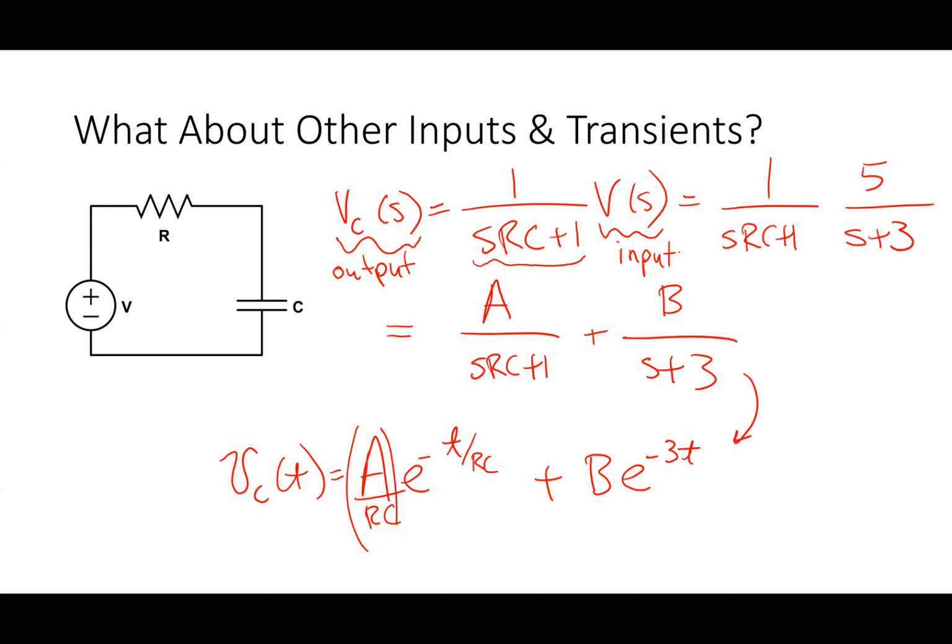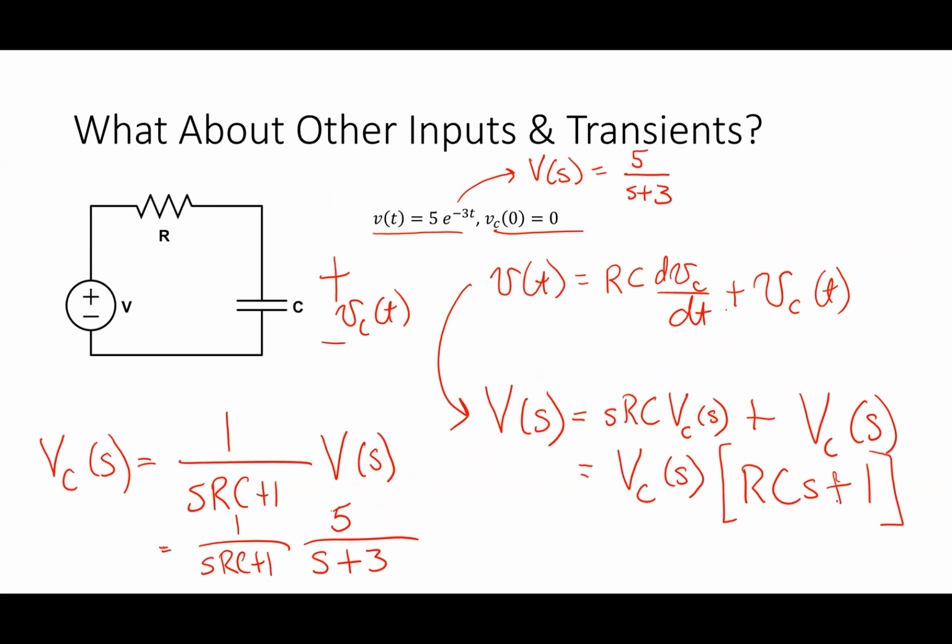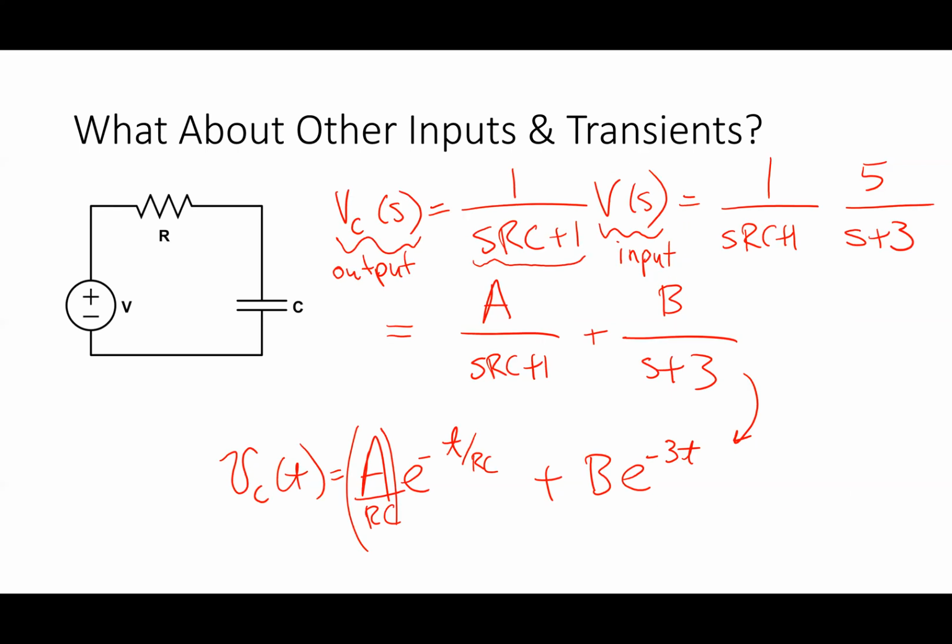So what this says is the output is some function having to do with the circuit times the input. If I kept that in the time domain, it would be related to the derivatives of that. It's a complicated relationship there. But in the Laplace world, this guy is a nice, friendly relationship, which I like, and I'm going to exploit that a little bit more as we go.